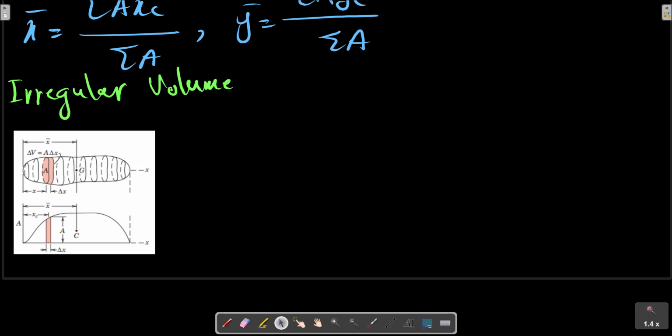The vertical strip of area under the curve is A delta x, and xc is its centroid.